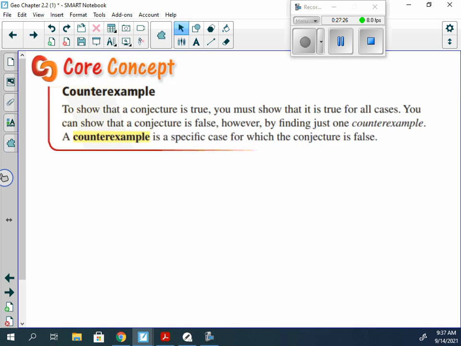To show a conjecture is true, you must show it true for all cases. If we want to show it's true, we have to show it's true for every single possible case. You can show that a conjecture is false, however, by finding just one counterexample. A counterexample is a specific case for which the conjecture is false.